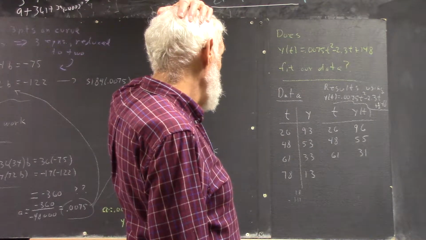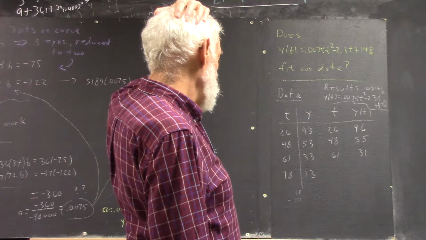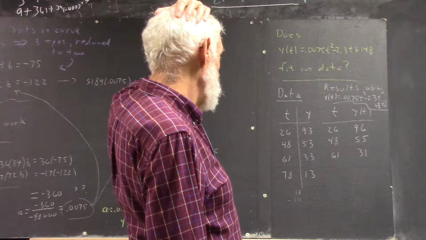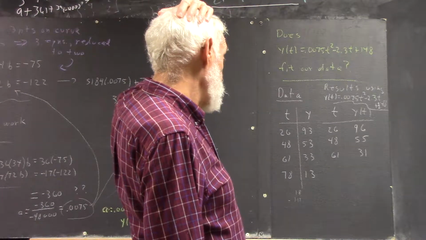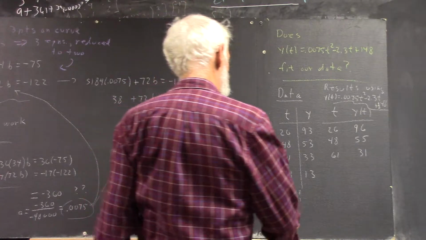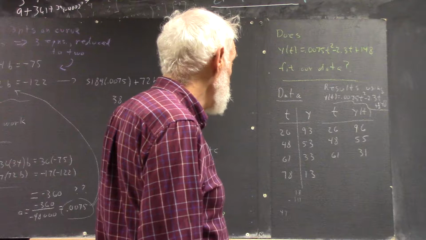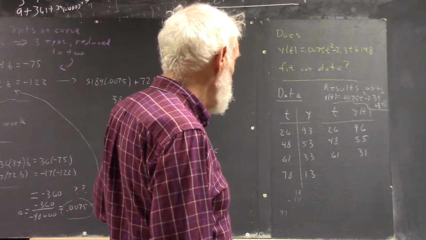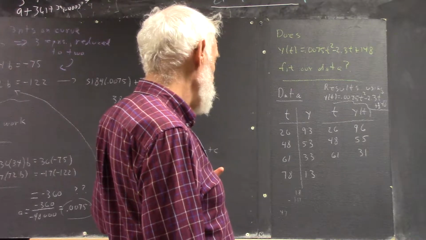3/4 of 80 is 60. 60 times 80 is 4,800. And that's going to be like 4,700. It's going to be like 47 minus, I don't want to put a strain on it, 47. 2.3 times 80 would be 160, 1.74 times 78 would be 168.